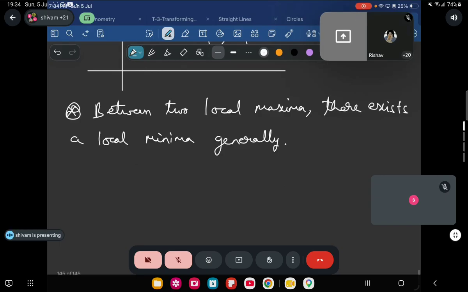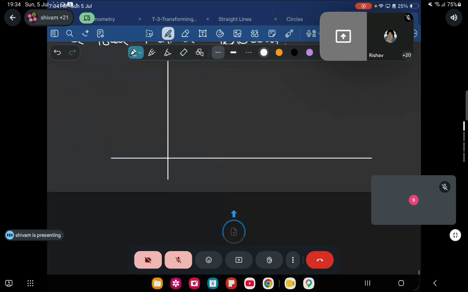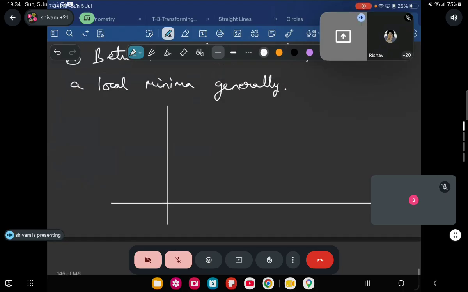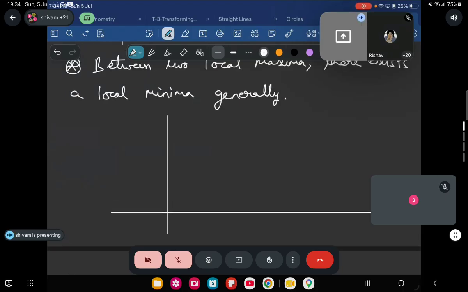Of course, there is an exception. Pay attention, everyone. Between two local maxima, how a local minima may not exist. Like this. See, this one. Then the function can be a constant.